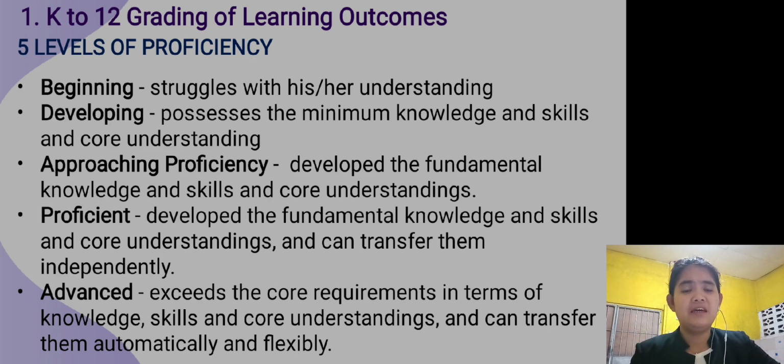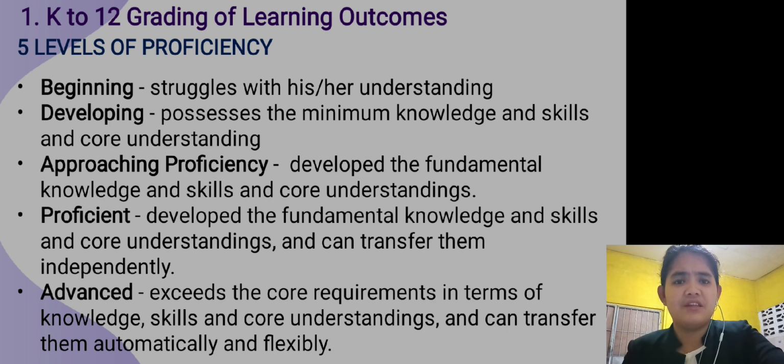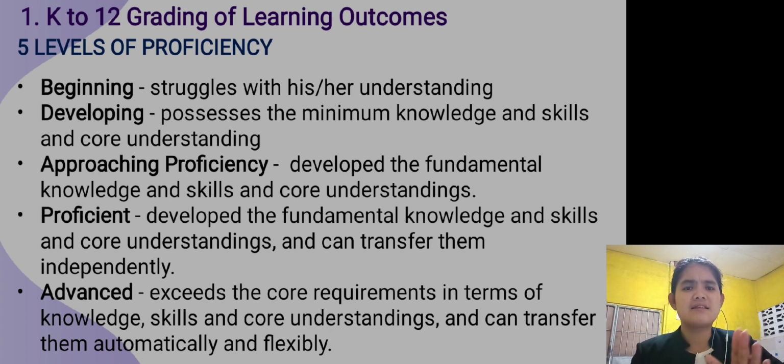Second, we have the developing or D, 75 to 79%. The student at this level possesses the minimum knowledge and skills and core understanding, but needs help throughout the performance of authentic tasks. Then, third, we have approaching proficiency or AP, 80 to 84%.